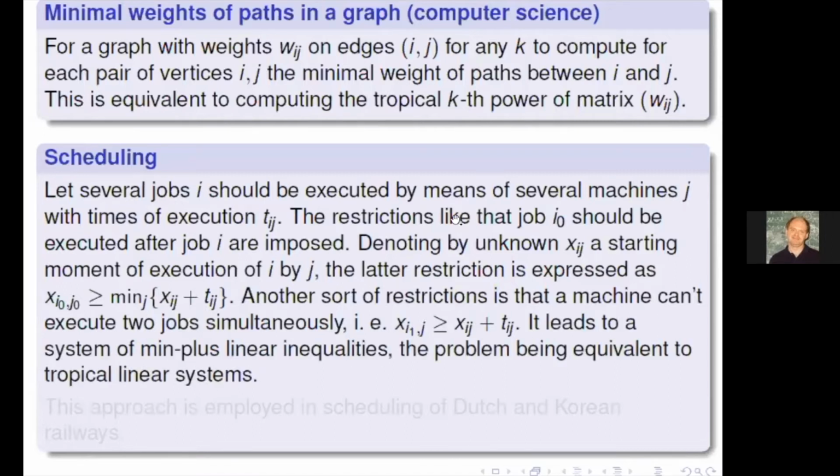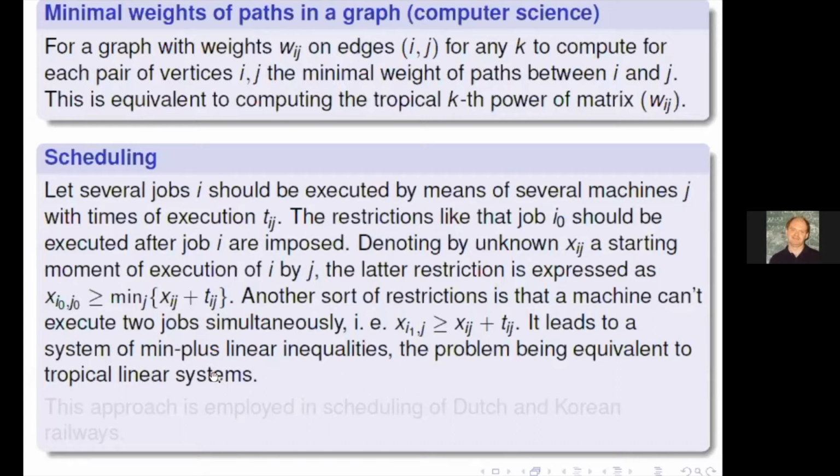Okay. And so there could be other restrictions, say like one machine can't execute 2 jobs simultaneously, and so on. This sort of restrictions can then be rephrased by some system which contains linear inequalities, min and plus, nothing more.